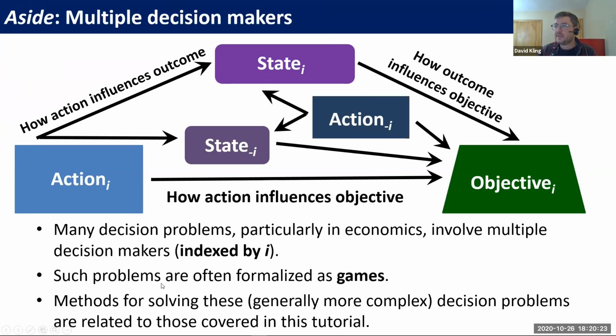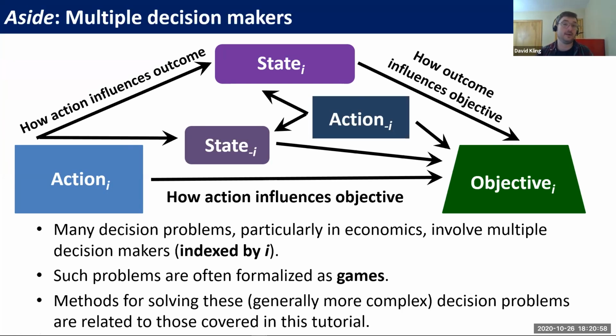I'll continue on by just saying, if you run into, in your exploration of this literature, dynamic games, or you've heard of game theory and you're wondering how does that connect with what we're doing? Well, game theoretic ideas and concepts can be and have been built into adaptive management models, and it increases the complexity as you might expect. This tutorial is not primarily focused on models with multiple decision makers.